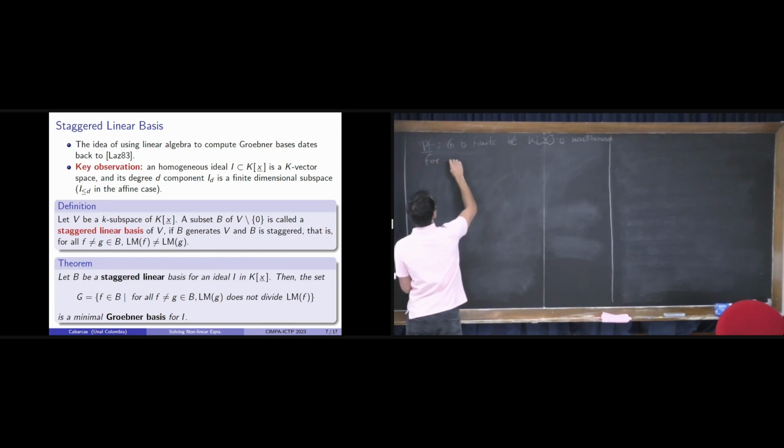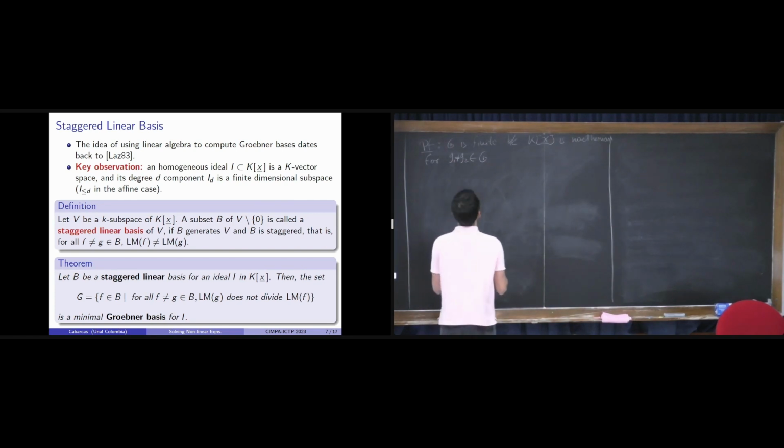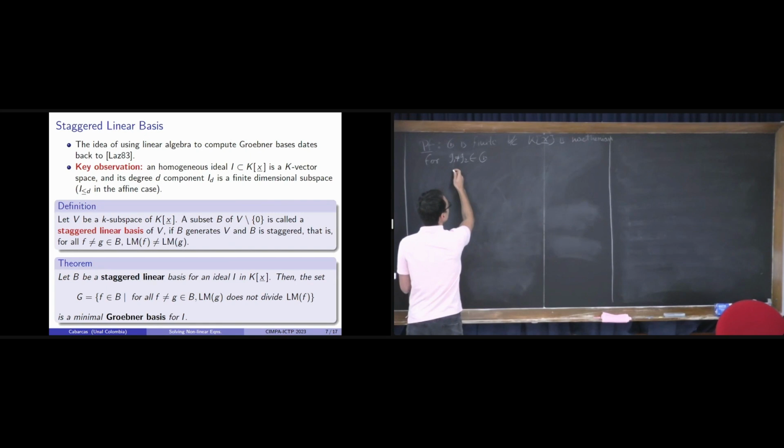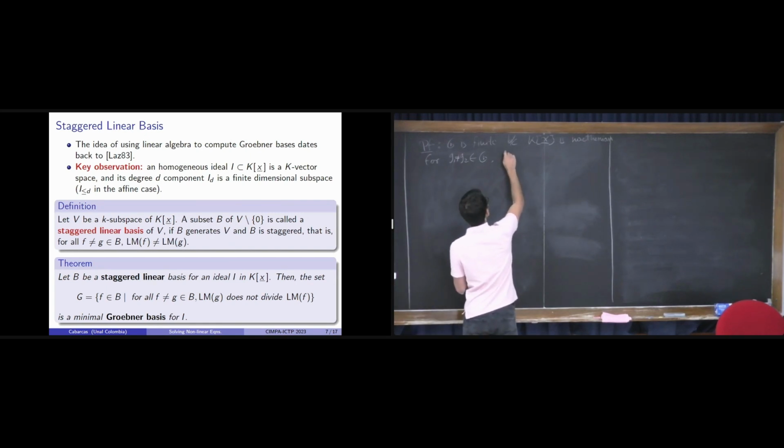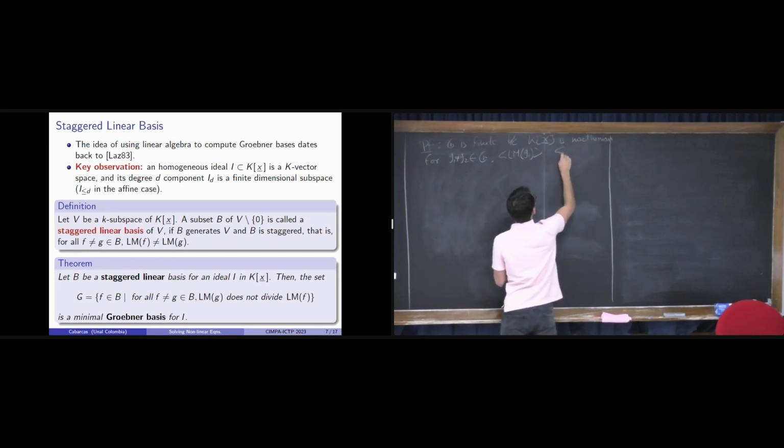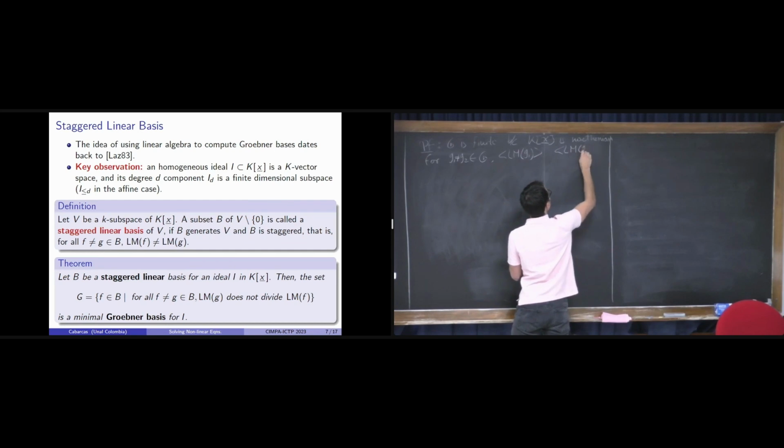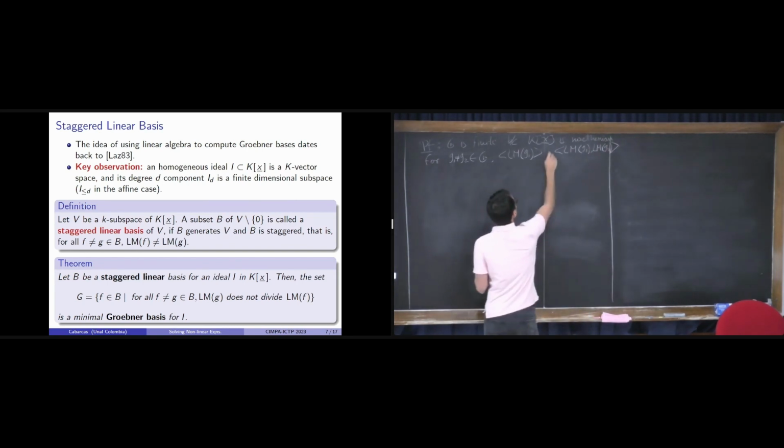two polynomials, let's say G1 and G2 in G, let's suppose they are two different polynomials, and you consider the ideal generated by the leading monomial of G1 and the one generated by the leading monomial of G1 and the leading monomial of G2, you notice that this one is strictly contained in this one.